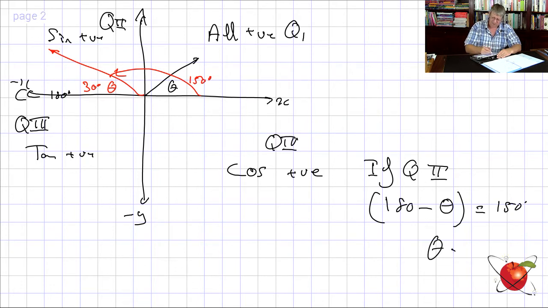Therefore, theta, the remaining acute angle, think of it like that, is going to be 30 degrees. So in there, we know that the corresponding acute angle, this quadrant, we can call our 180 minus theta quadrant.